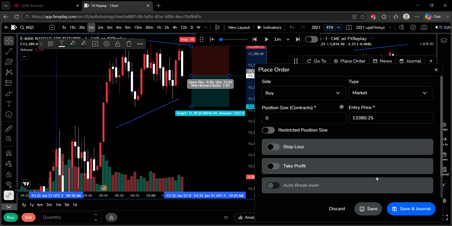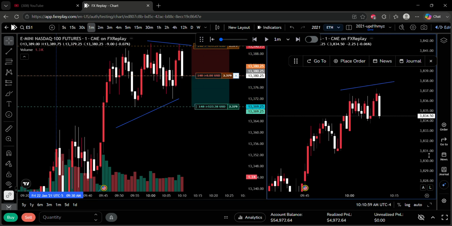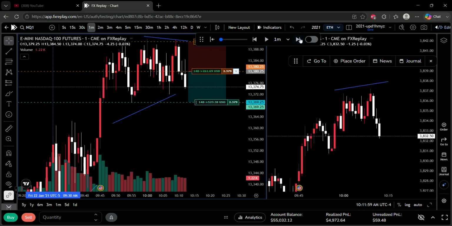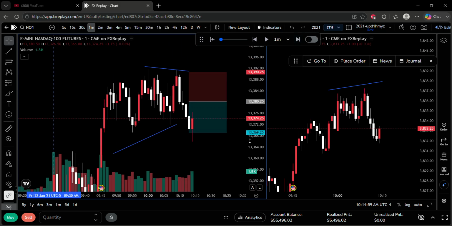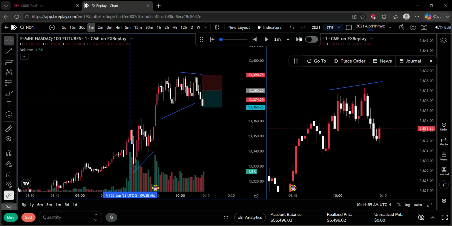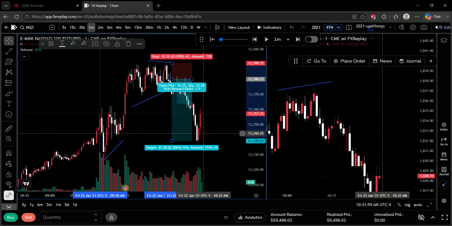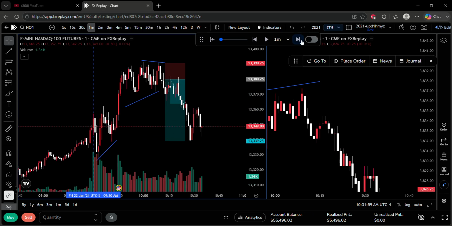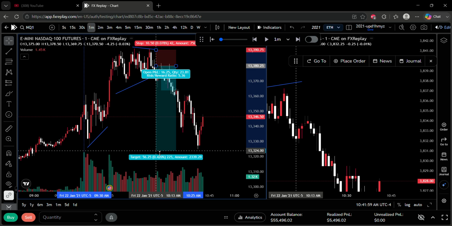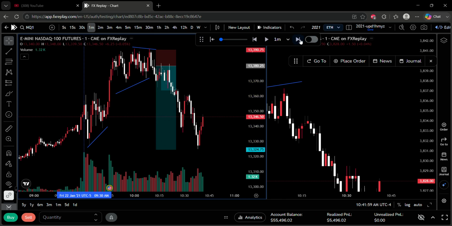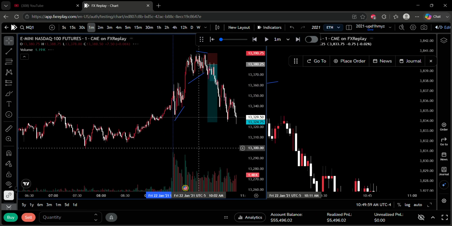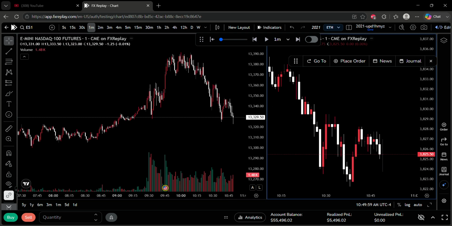Bro, this setup is beautiful. See if we keep going lower. How much is the reward? 4 is crazy. 5 is crazy. Yep.